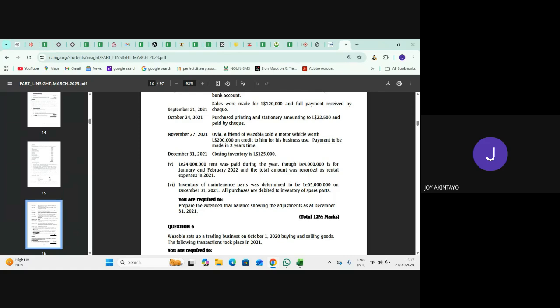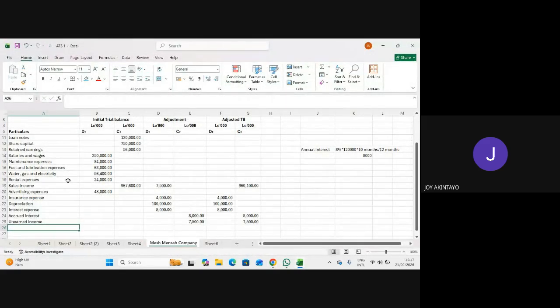Hello? I'm here. I said we deduct this to be a prepaid rent. So we go to our rent account. Here is our rental expense. So you come to your rental expense, you credit 4,000 naira. Then you now say prepaid rent.